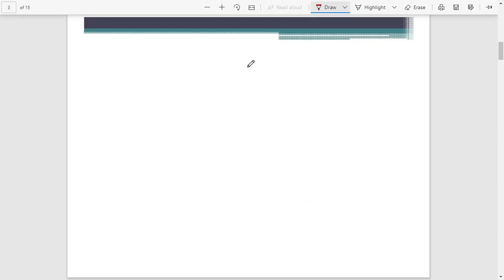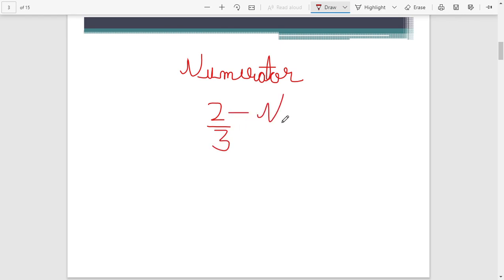Now we will first learn what a numerator is. In a fraction, a numerator is a value. Let's take any fraction, 2 upon 3. The upside digit is 2, so 2 is its numerator.